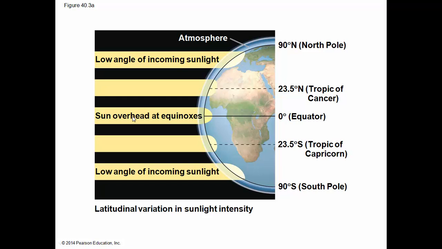Okay, so during the equinoxes, in the vernal, during the spring and the fall, the sun is directly overhead the equator, and then during the summer solstice, the sun is directly overhead the Tropic of Cancer, and so this is why it's warmer in the summertime, because what's happening here is actually the Earth is tilting on its axis as it goes around the sun.